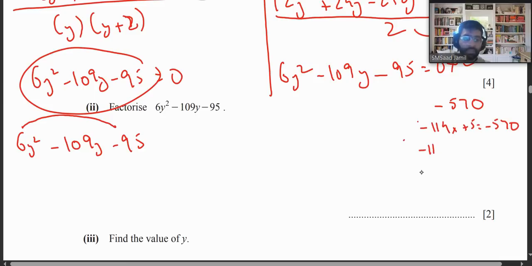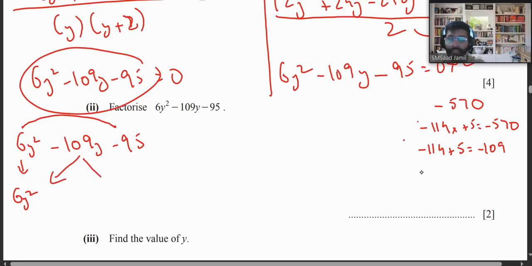And negative 114 plus 5 is negative 109. So now you will write 6y square, break 109 into two parts, which are negative 114y plus 5y, negative 95.